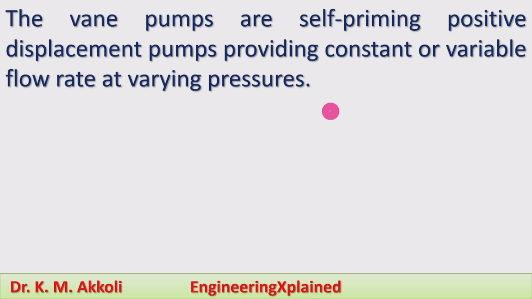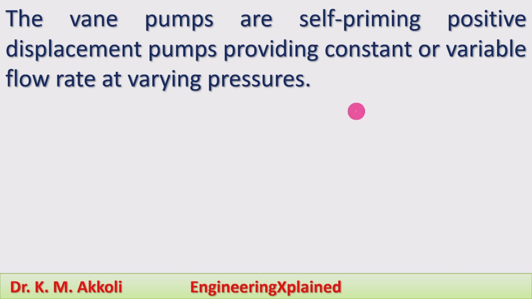And vane pumps provide either a constant or a variable flow rate. That's why these are called constant displacement or variable displacement pumps, and these are also positive displacement pumps, so that whatever fluid enters the pump will be delivered positively without any leakage.